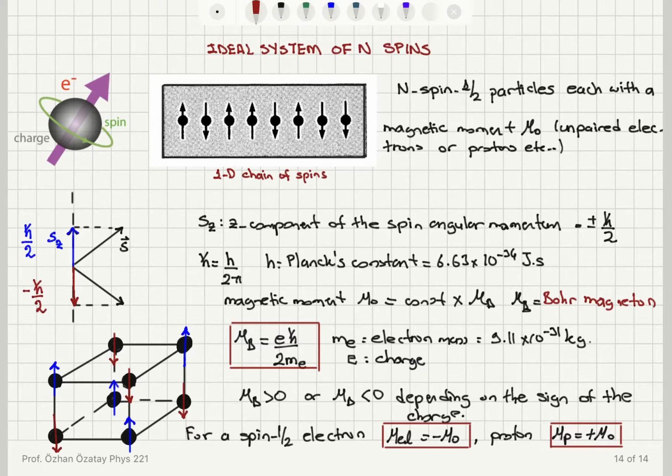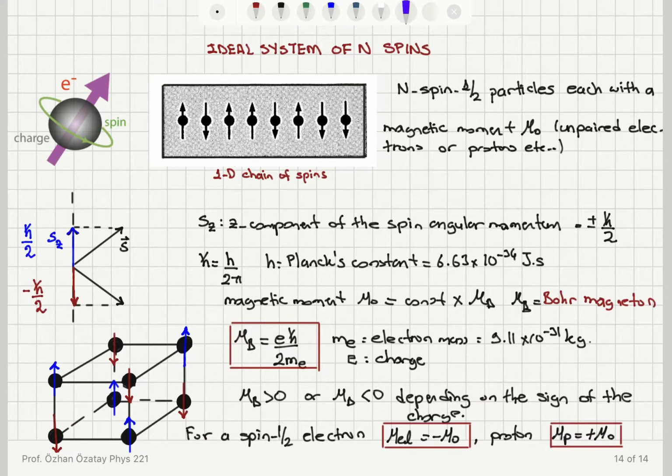Basically we find the direction of the magnetic moment using the right hand rule. So if you follow the spin direction with your right hand, the spin direction gives you this magnetic moment mu 0.